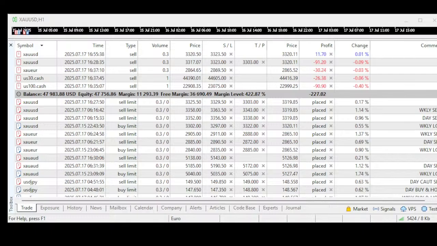Then for the Dow, on the 15-minute we have seen a weakness, but the 1 hour has still not turned yet.